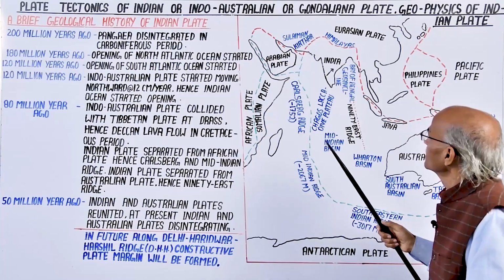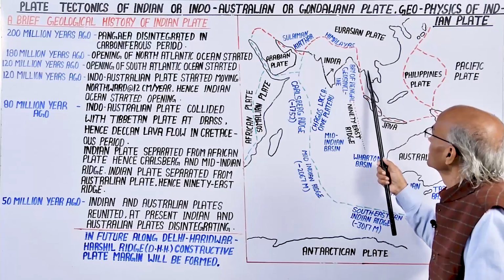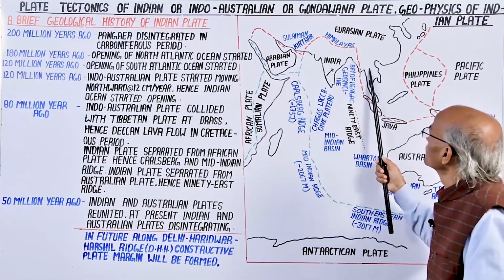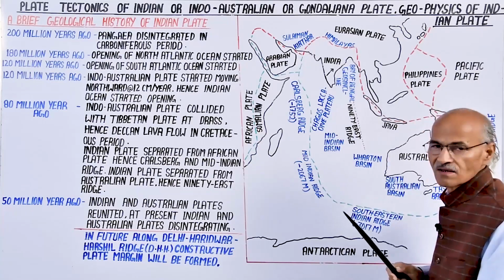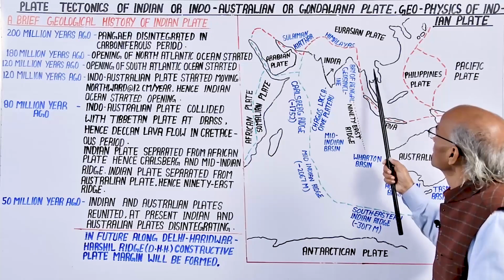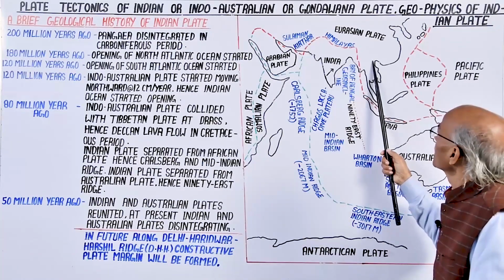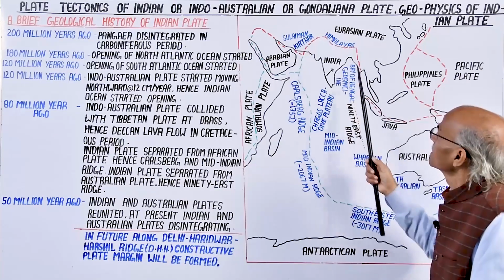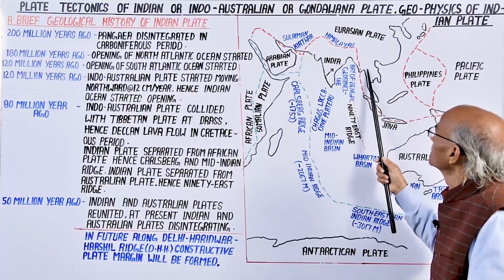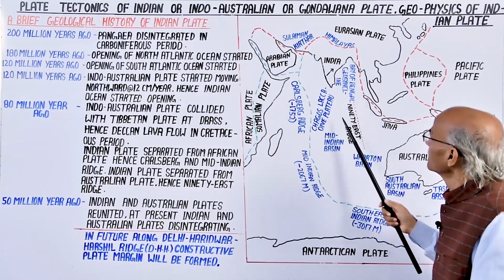Now there may be a question whether the Indian plate is subsiding below the Indo-China plate or the Indo-China plate is subsiding below the Indian plate. The answer is very simple. This Indo-China plate or Myanmar plate is part of the Eurasian plate, which is continental, certainly lighter than this Indian plate.